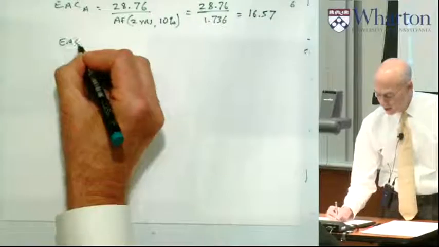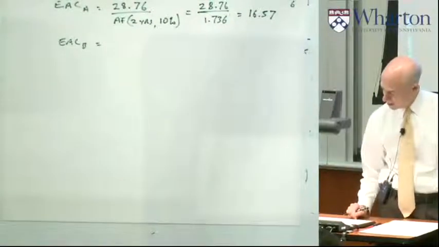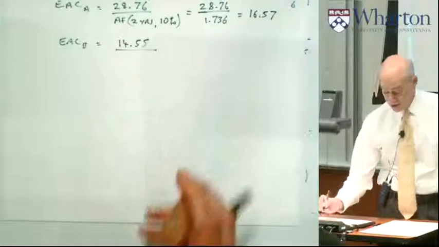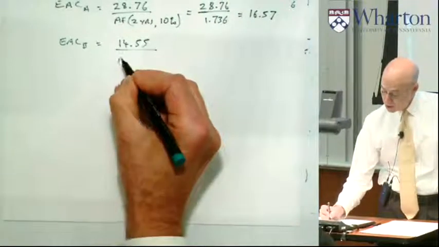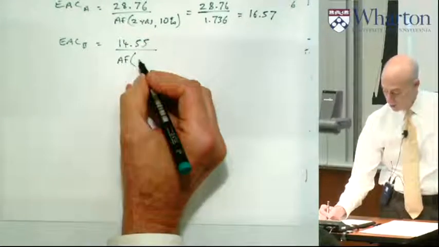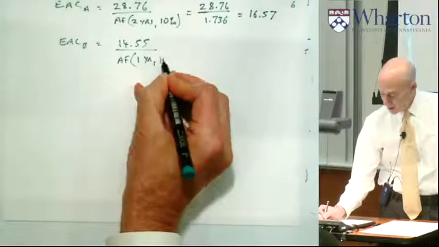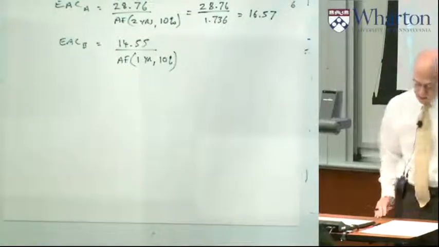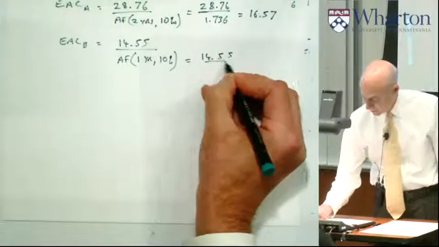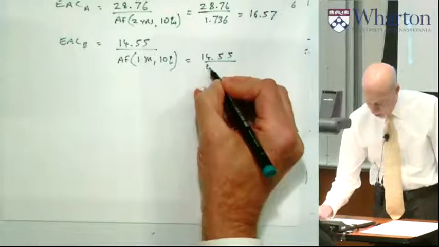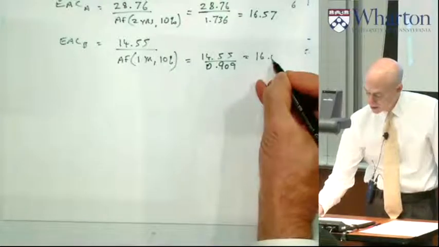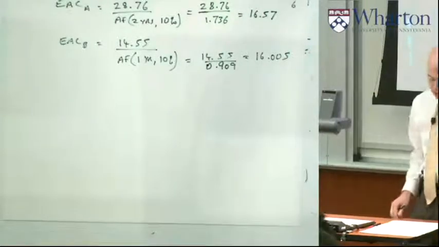The equivalent annual cost of B is going to be our 14.55, which is the total, and then we divide by an annuity factor, this time for how much? 1 year, yep, at 10%. If we work out what we've got, 14.55 divided by 0.909, it's 16.005.